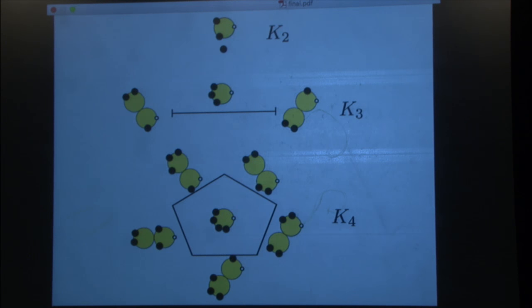And here's a picture of the first 3 of these. For K2, for thrice punctured disks, if we have any 2 different triples of points on the boundary of a disk, we can take one to the other by a Möbius transformation. So that means that K2 is just a single point. For K3, we can fix 3 of those points, but we have 1 left over, so that's a 1-dimensional thing.